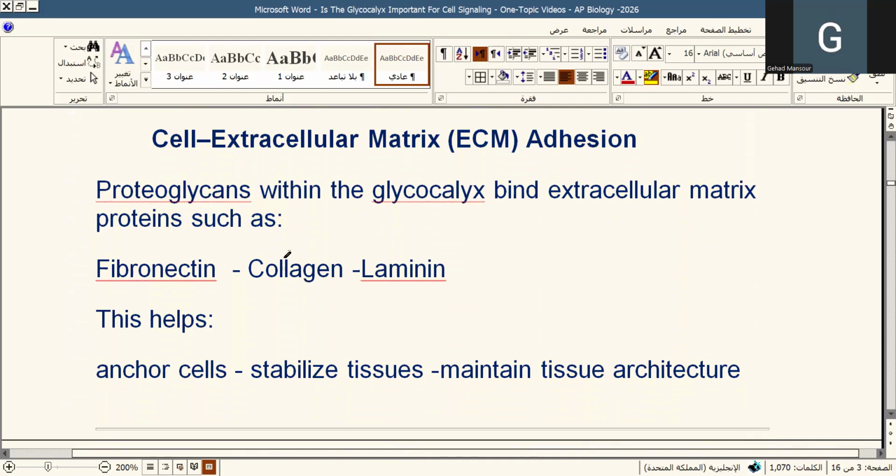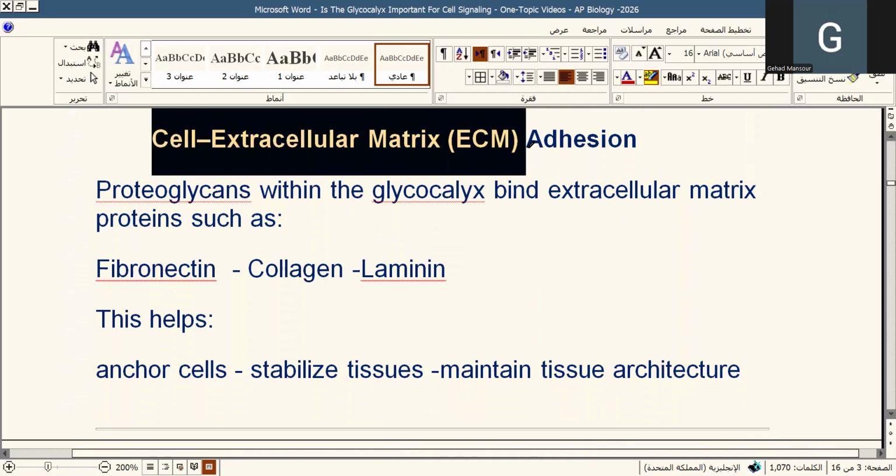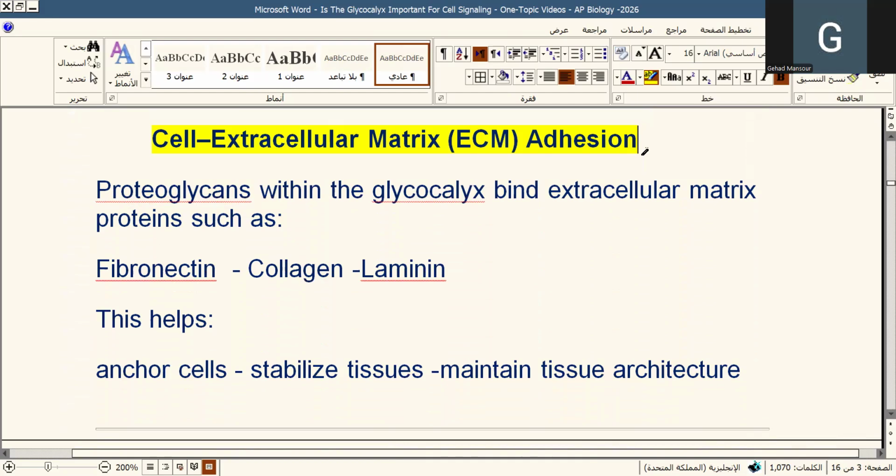But there is another type of adhesion that is important, which is the adhesion between the cell and the extracellular matrix. And this is essentially not a function of the glycoproteins, but a function of the proteoglycans.